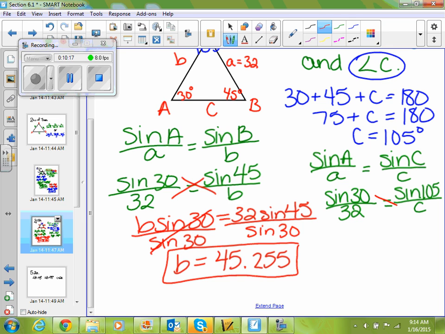We follow the same process of cross multiplying. I get C sine of 30 equals 32 sine 105. Then divide by sine of 30.